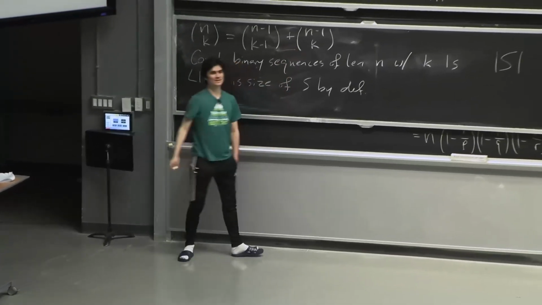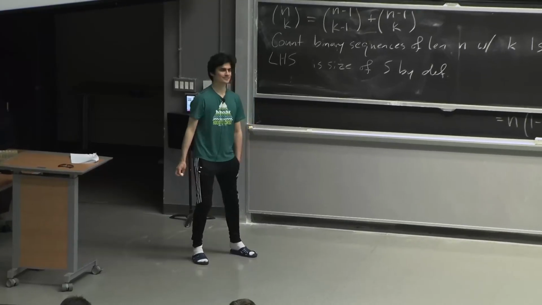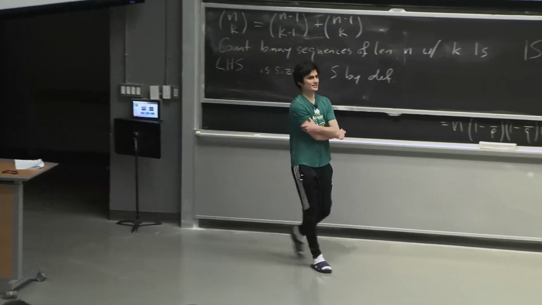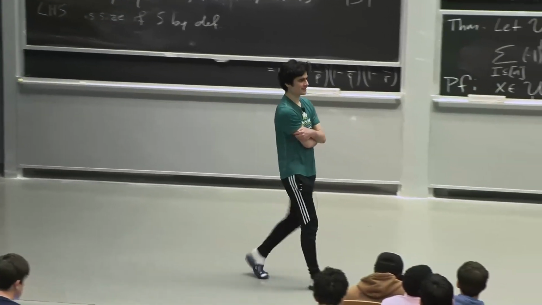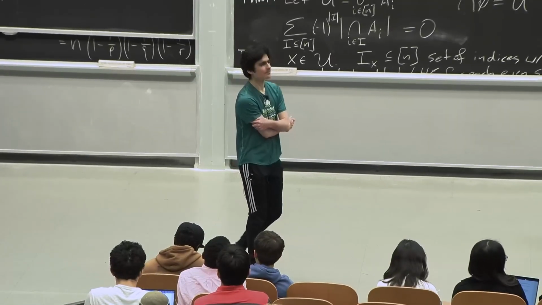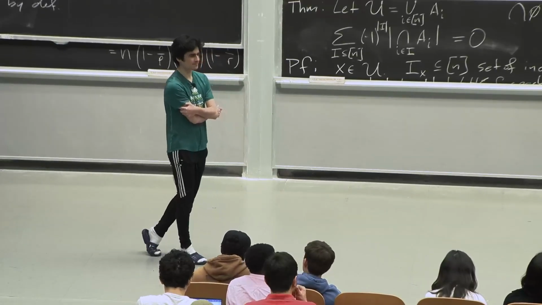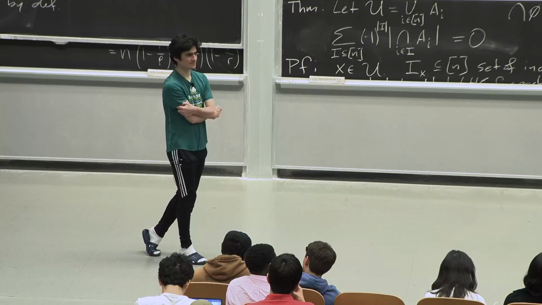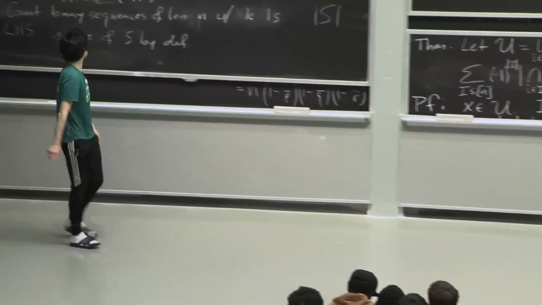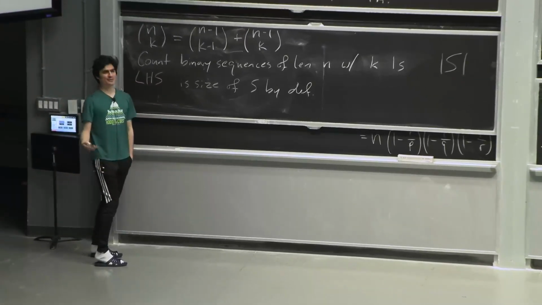Does this give us any ideas? The second option was the original n minus 1 sequence with k minus 1. So the answer was essentially we're going to partition our set. What are we partitioning on?